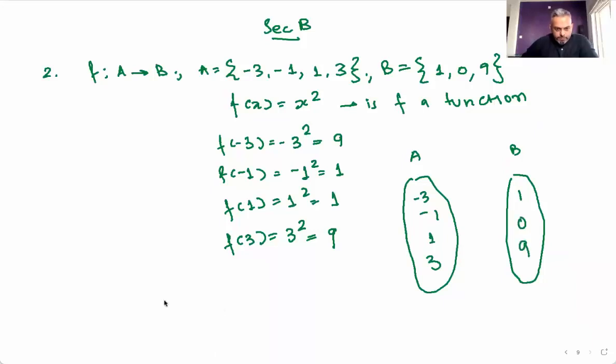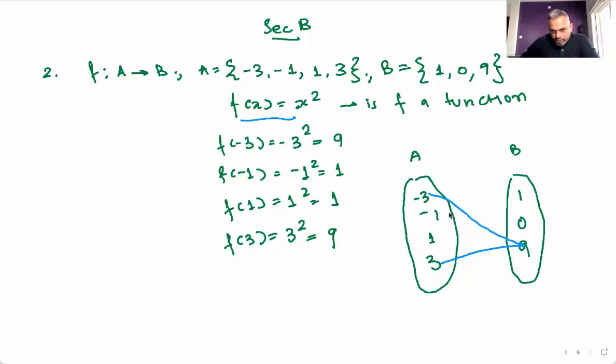Now over here, those of you who were not present in the first lecture, ध्यान देना कि when can we call this a function? When A has minus 3, so minus 3 का output is 9, 3 का भी image is 9. So minus 3 has 9, a unique outcome, and 3 also has 9, a unique outcome.